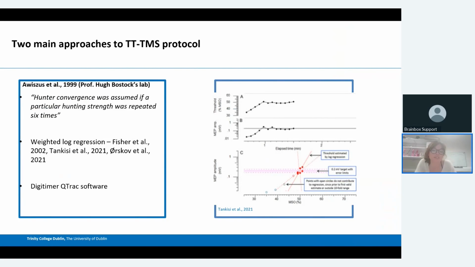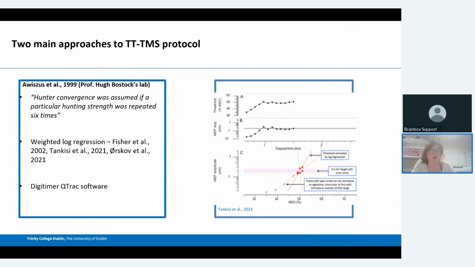You feed the data into this logarithmic regression, and every time you input data, you get a new recommendation of what stimulus intensity to use. I think the initial rule they used was that once there had been a recommendation of the same strength 6 times, that was enough data to use the model to define the threshold. But that has been subsequently refined and updated, and a lot of data has been collected to look at refining the best way to do that.